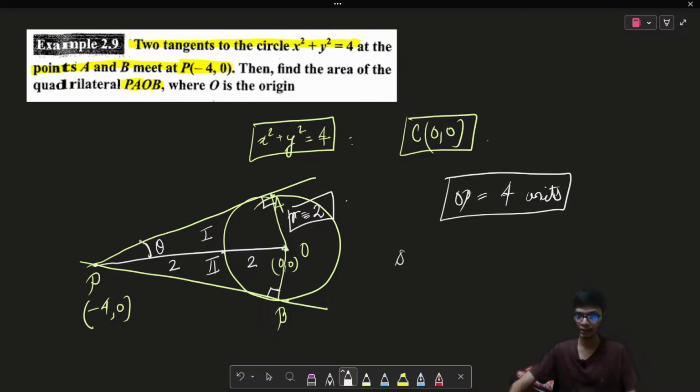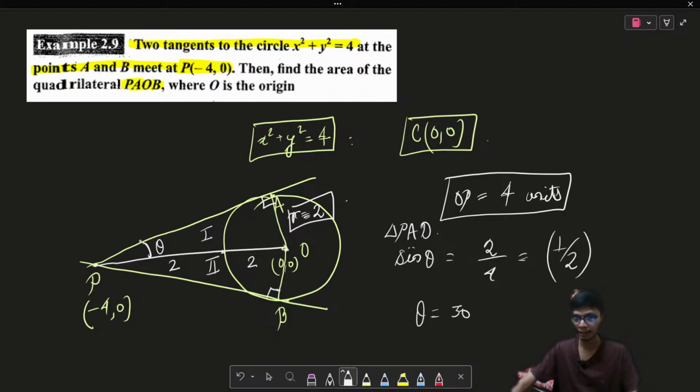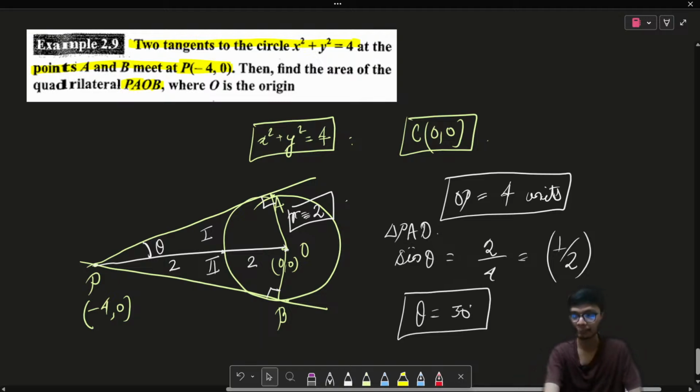So from this right angle triangle PAO, sine of theta will be equal to 2 upon 4, that is equal to half, right? So from here I will get theta as 30 degrees.